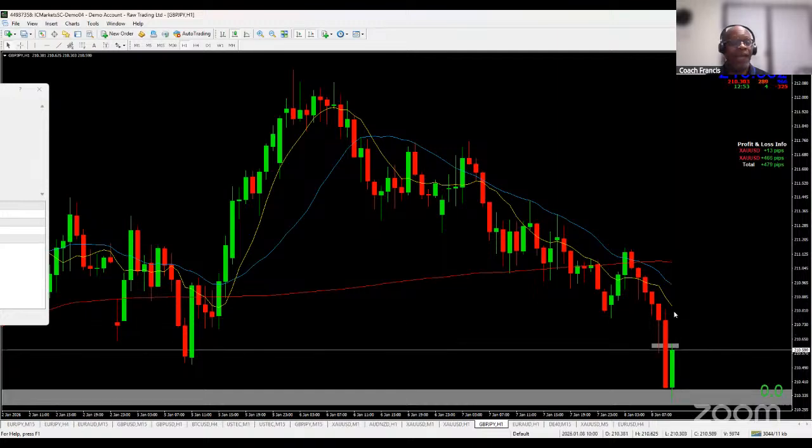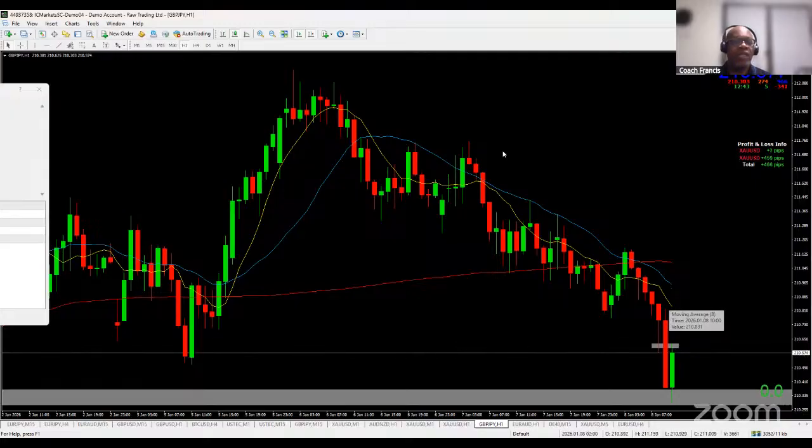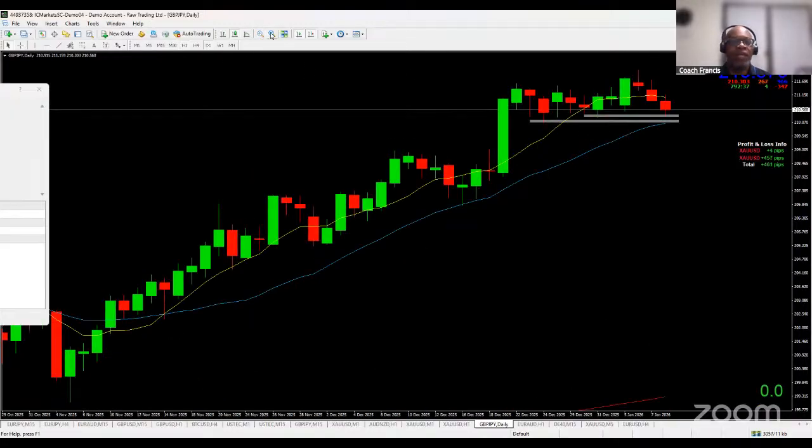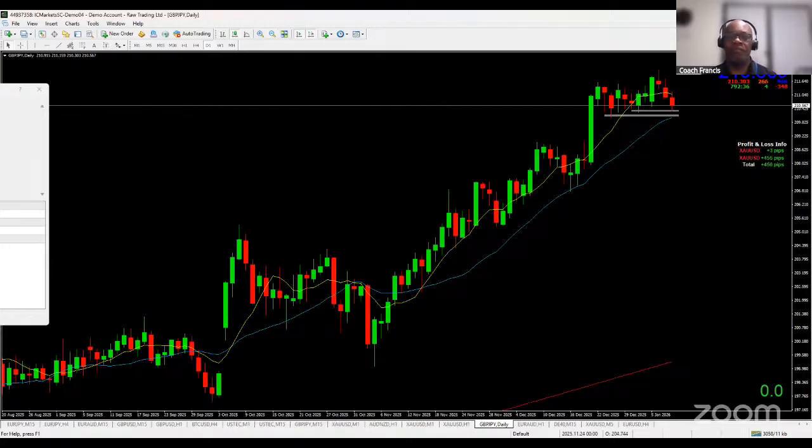It will mean that the buyers, as in, we have sellers and buyers, it will mean the buyers have stepped in a powerful way. Besides that, looking at the daily time frame, like I was saying a while ago, I am bullish on GJ, and I expect it to keep going up anyway.